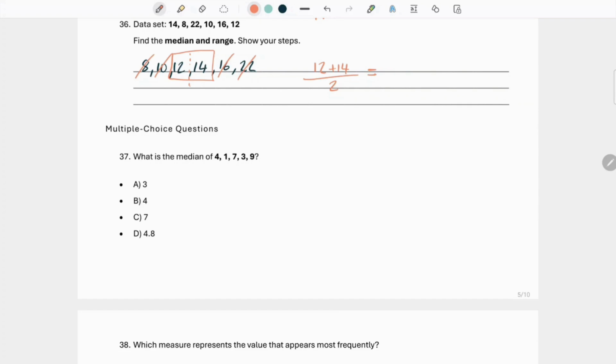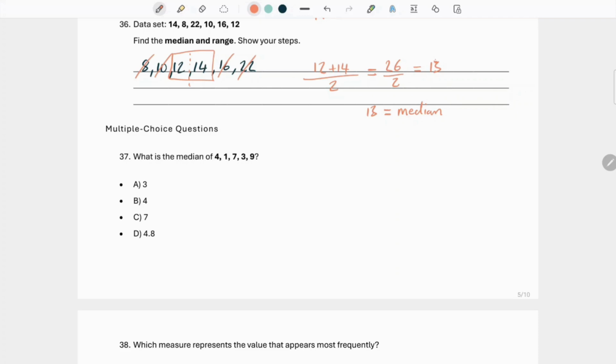So we end up with 12 plus 14 is 26. Divide by 2, which is 13. So 13 is the median.